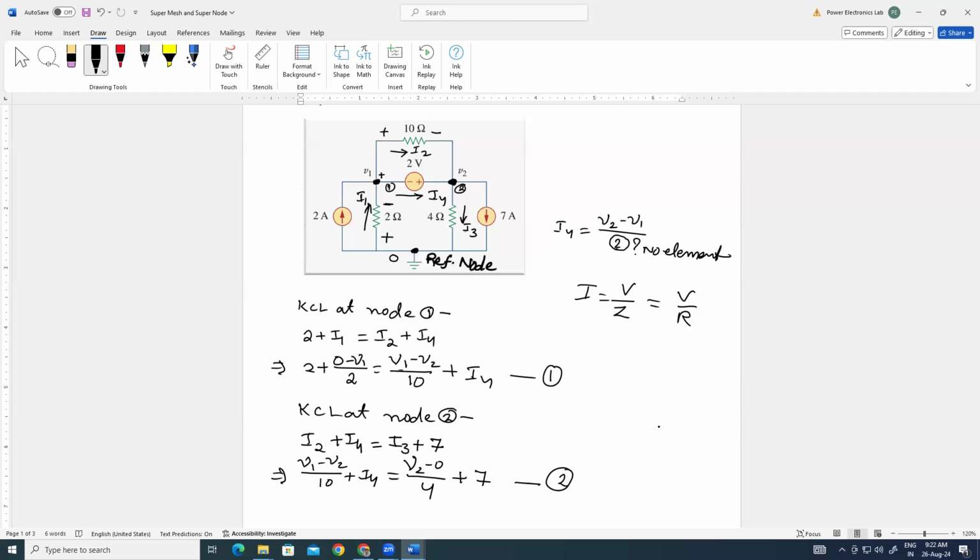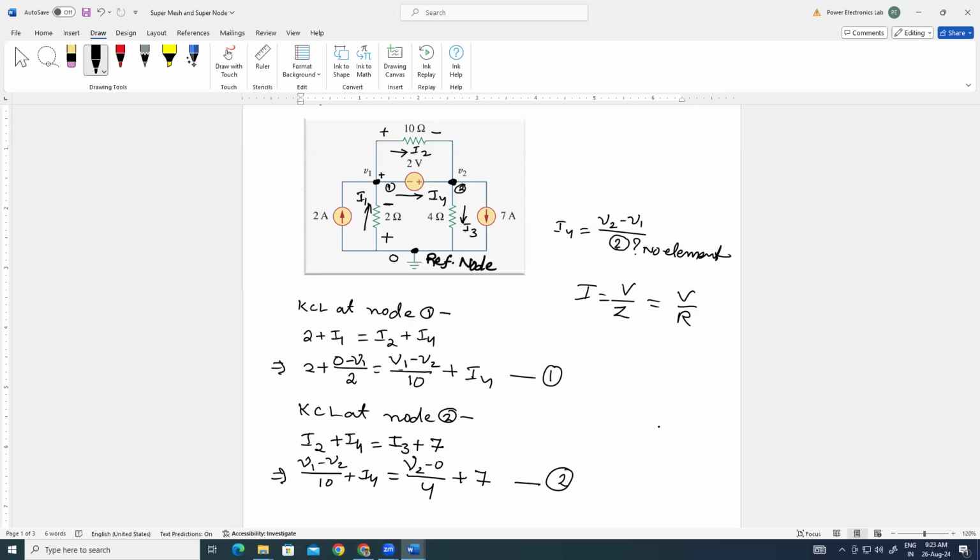There is a simpler way to solve these types of circuits, where a voltage source is connected in between two nodes. If you want to apply the mesh method or node method, by using super node you can solve very easily.